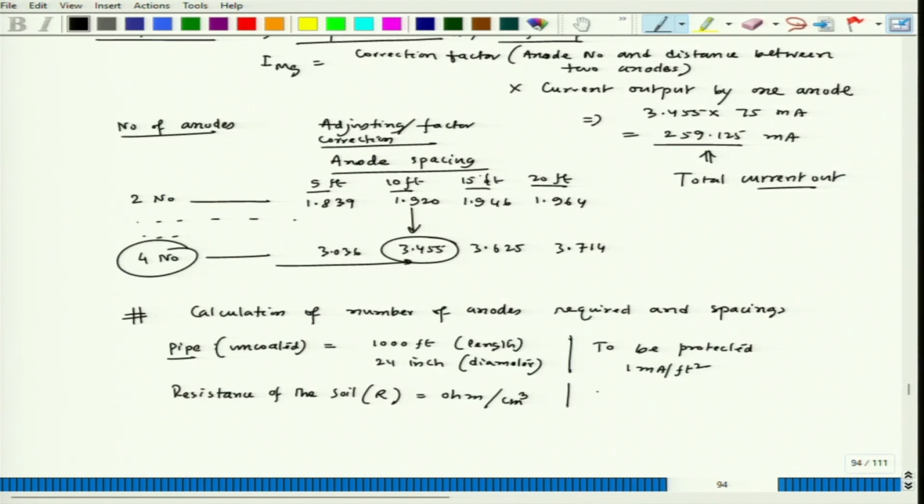we need the anode current output. Let us say that value is around 100 milliampere for a single anode, and this is specific to this type of soil.